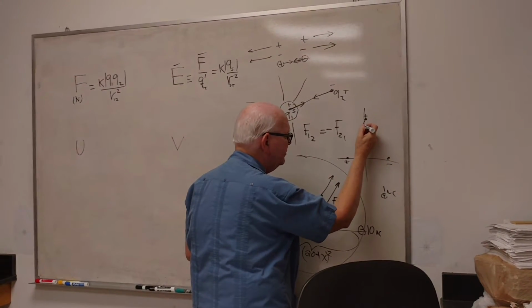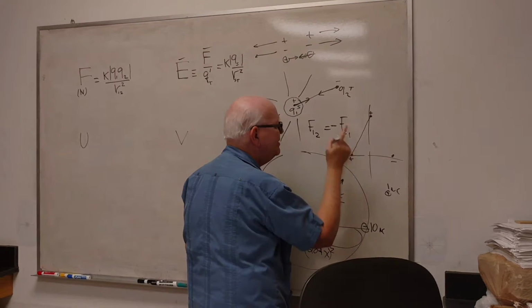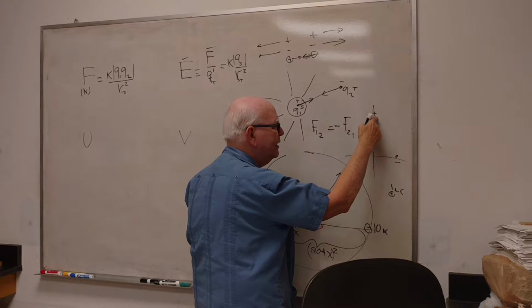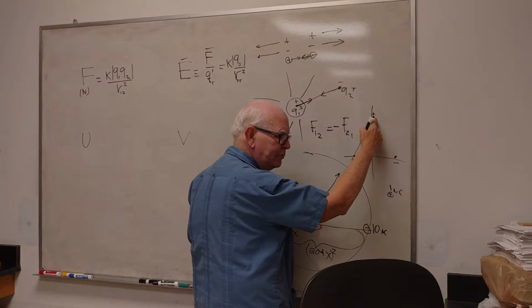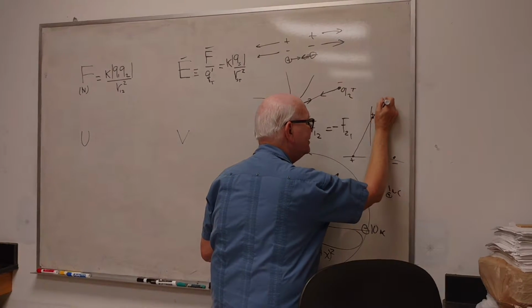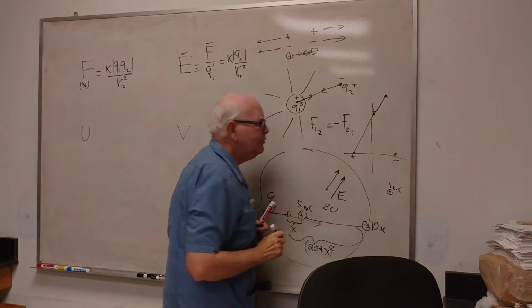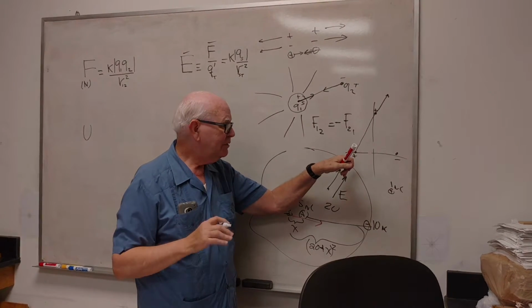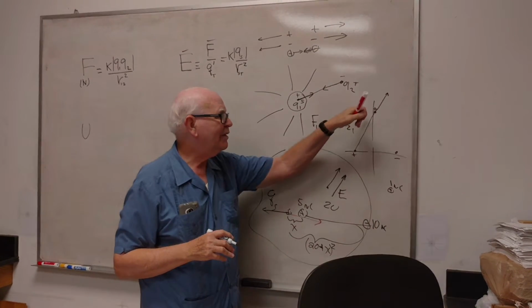It's along the line, so it's along this line. But the direction, this guy is doing what to this guy? Attraction or repulsion? Repulsion. And repulsion means this way. End of story. This one also repels this one.